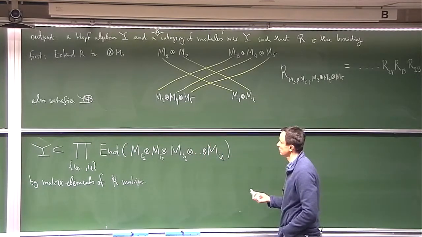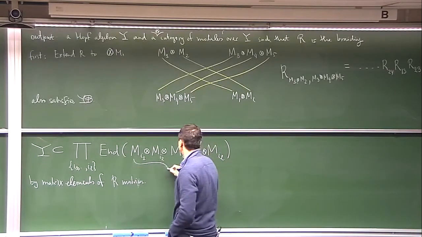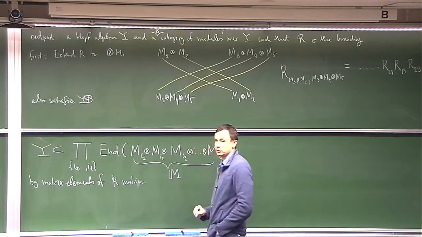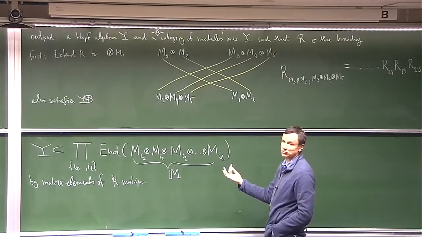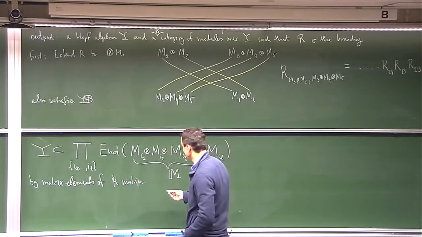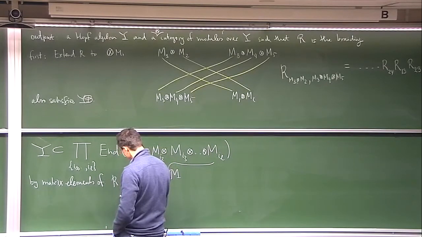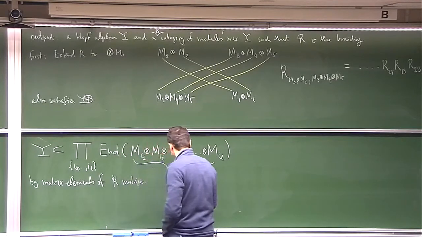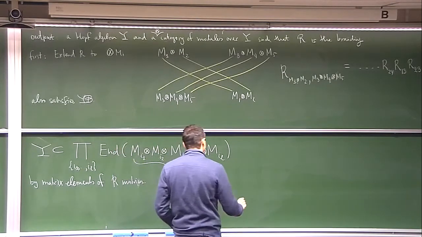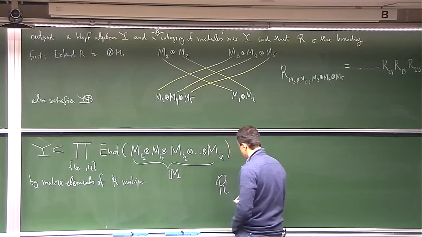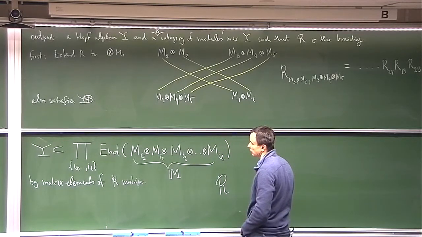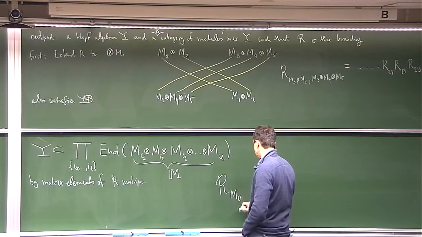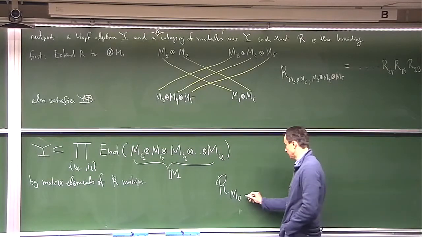Concretely, maybe I have some module M, and I take some other module of the same kind. Call it the auxiliary representation, maybe M0. So I take my representation and some auxiliary space, M0, and my space.